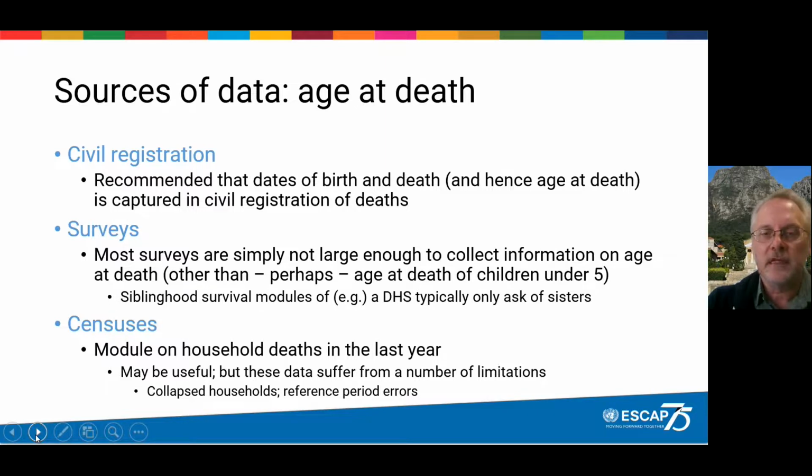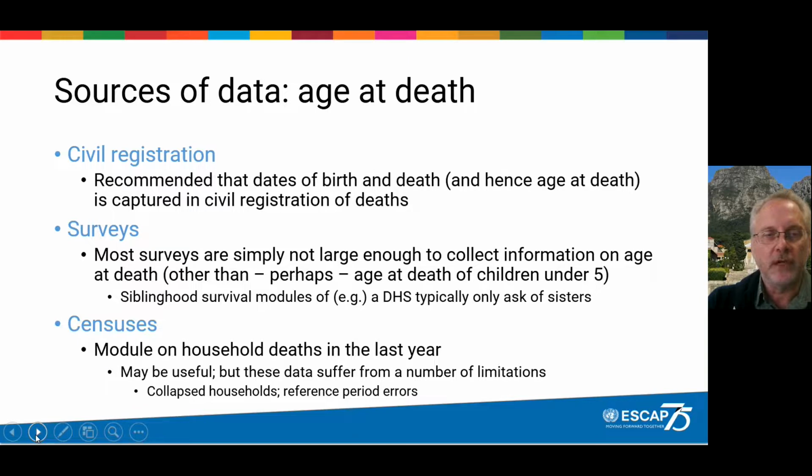Likewise, a demographic and health survey routinely asks a module on siblinghood survival, that is, the survival of the siblings of the respondent. Typically, this is only asked of sisters in a DHS. Furthermore, while asking respondents about the survival of their sisters does significantly increase the sample size available for understanding patterns of mortality, there are several important and quite intricate theoretical considerations relating to the analysis of siblinghood survival data from a DHS.